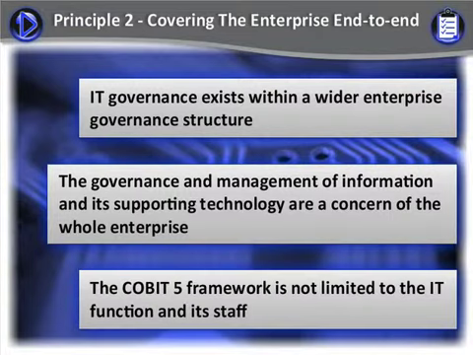The COBIT 5 framework is not limited to the IT function and its staff. For example, non-IT staff may have roles within the processes described by COBIT 5. Similarly, the scope of the enablers is not internal to IT. For example, the skills and competencies of non-IT staff are relevant.